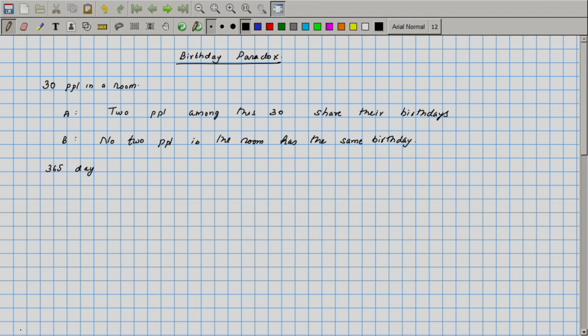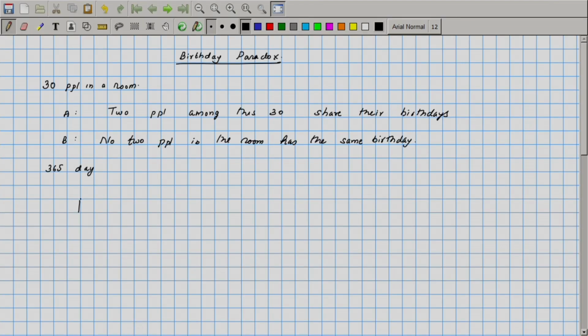Under this assumption, how do we compute the probability that 2 people share their birthday? 2 people could share their birthday in many different ways, like 3 people could have the same birthday, all 30 people could have the same birthday, 15 of them could have one birthday and the remaining 15 could have another day as their birthday, and so on. It is a very complicated thing to count, but the complement event is rather easy to count. So, we will count the complement event and based on that determine the probabilities.